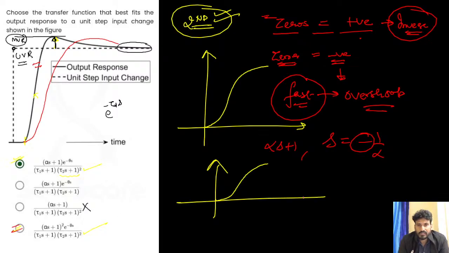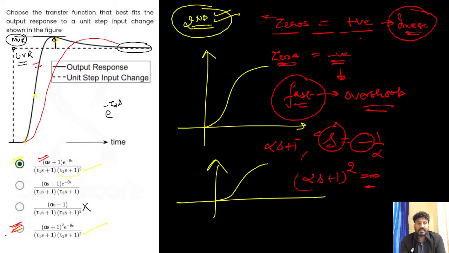In option D, it is (alpha s plus 1) whole square equal to 0. So in this option the zeros are negative, and in this also the zeros are negative, right?